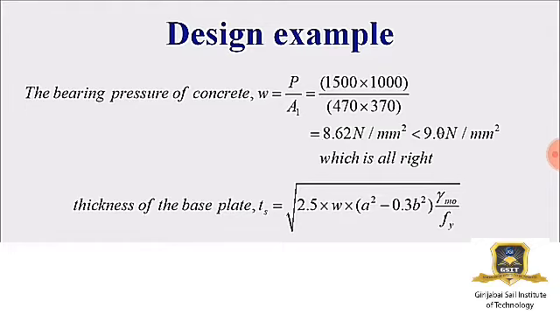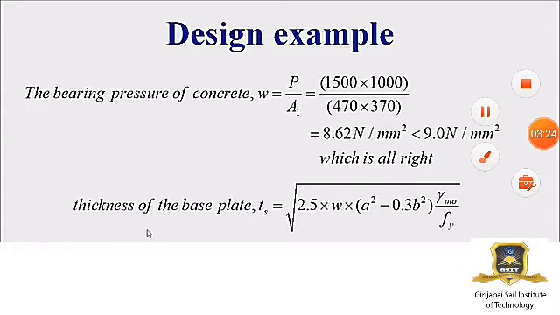We have given the grade of concrete as 20 Newton per mm square. From 20 Newton per mm square, the bearing strength of concrete is 0.45 fck, 0.45 into 20, that is equal to 9 Newton per mm square, which is greater than 8.62. So it is safe.